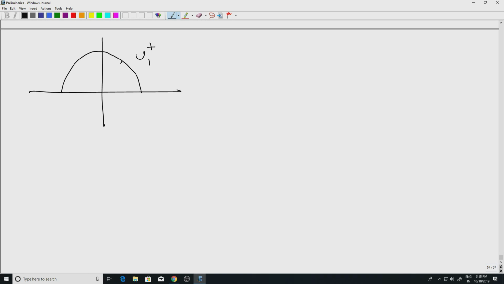So given any point here on this arc, I would like to associate a point in R. So the obvious thing to do is, if I start with any point, I can just look at the x coordinate of that point. So to every point on this arc, there's a unique x coordinate, and that's going to be my map.